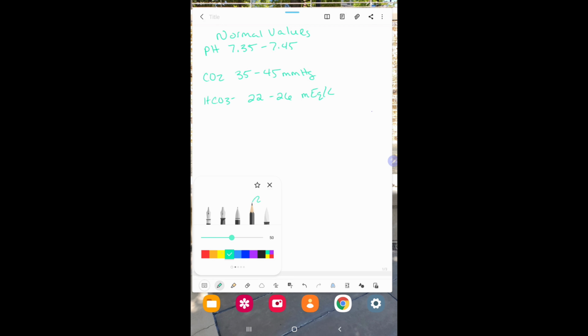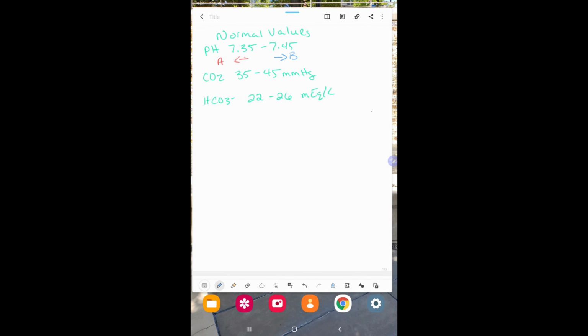So we're going to do red. An arrow going to the left is always going to be acidic or acidosis. And let's do base in blue. Anything going to the right is going to be base, okay?